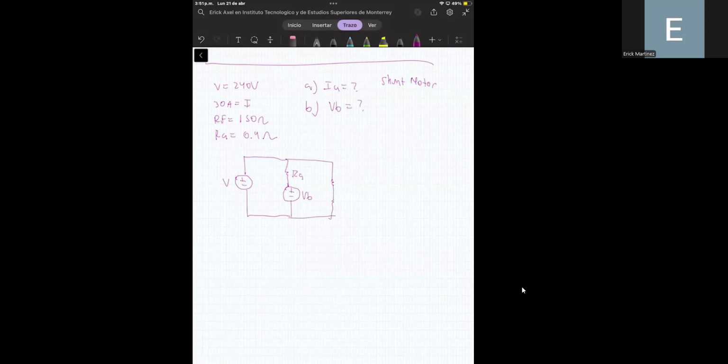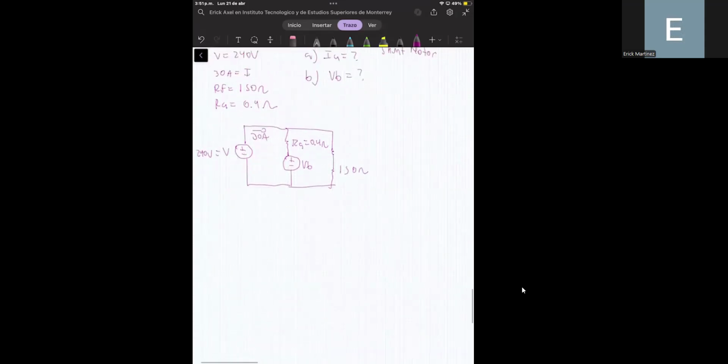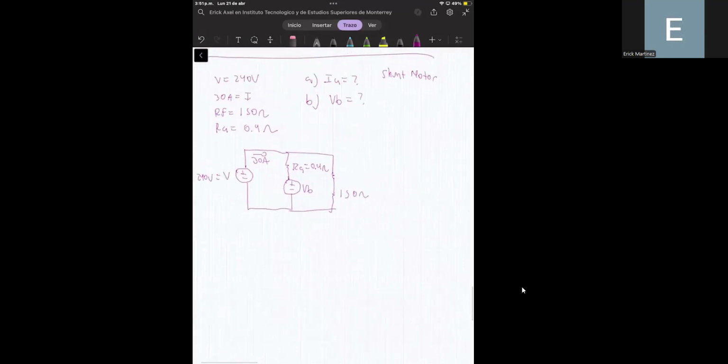And this shunt field has a resistance of 150 ohms. The armature resistance is 0.4 ohms, and the voltage is 240 volts. And also we know that the motor is demanding a current of 30 amperes. Okay. So based on this information, we can try to compute the armature current, that is this one, and the back EMF voltage.